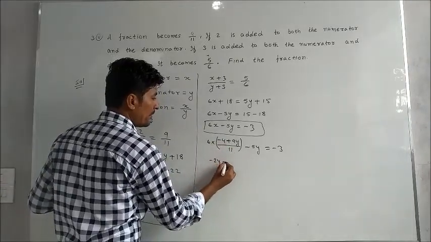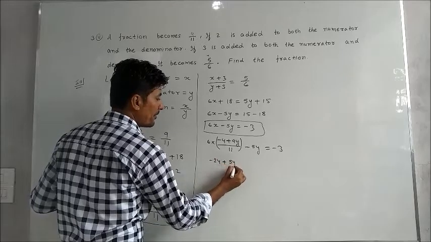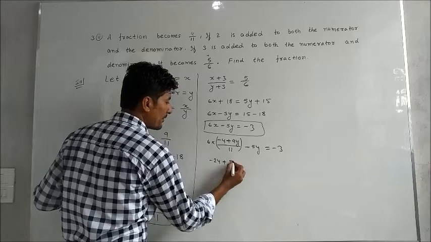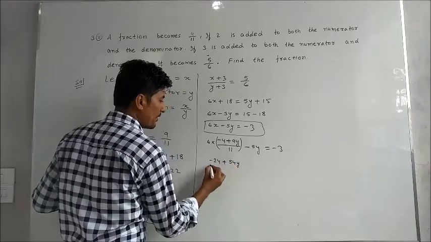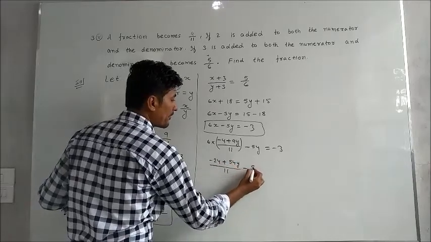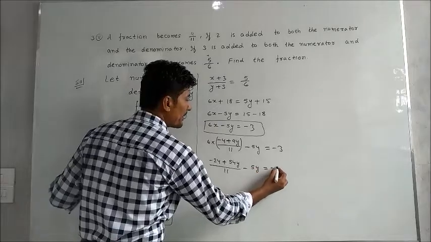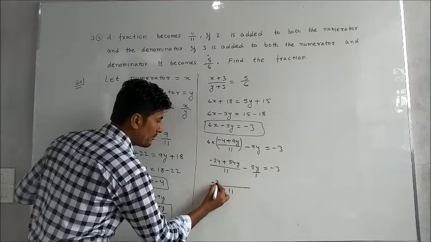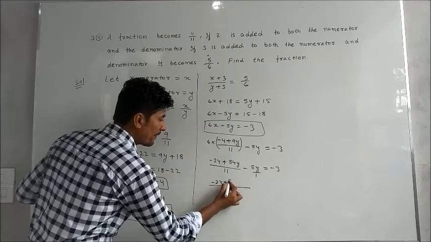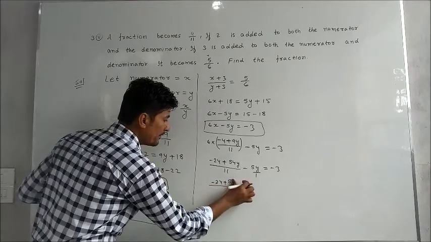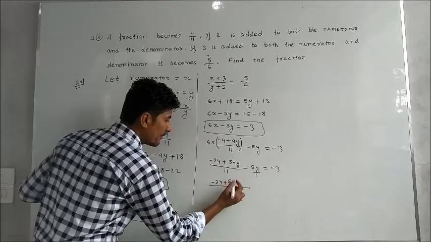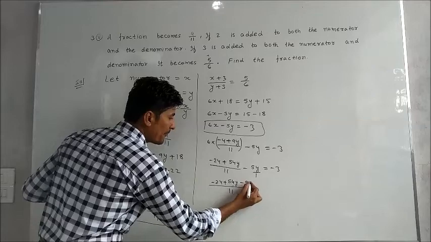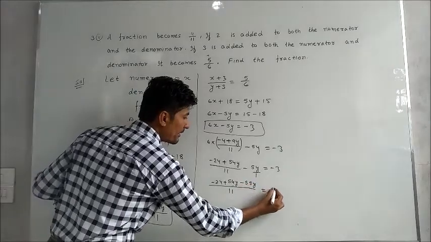Minus 24 plus 54y upon 11 minus 5y equals to minus 3. Now we can find out the LCM here. 11 minus 24 plus 54y minus 55y equals to minus 3.